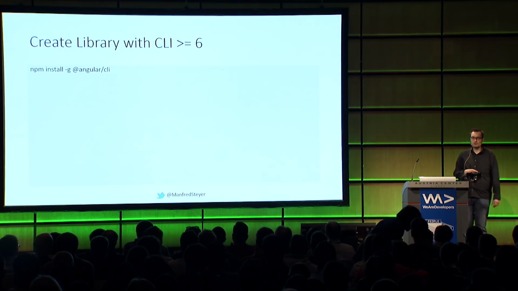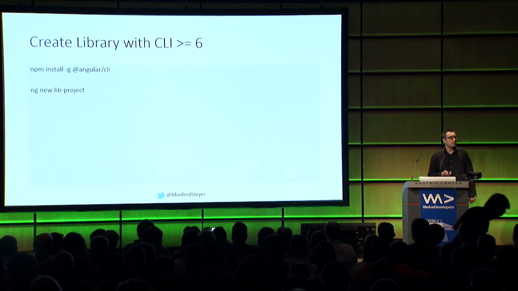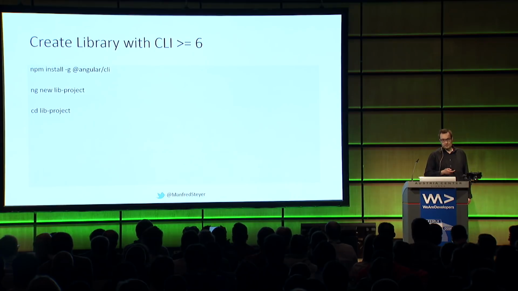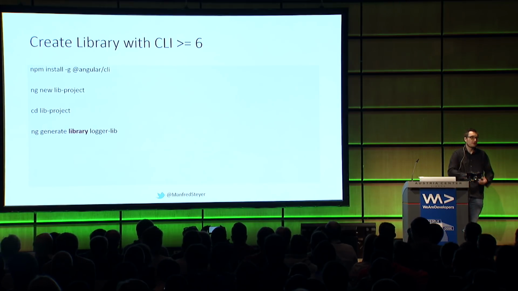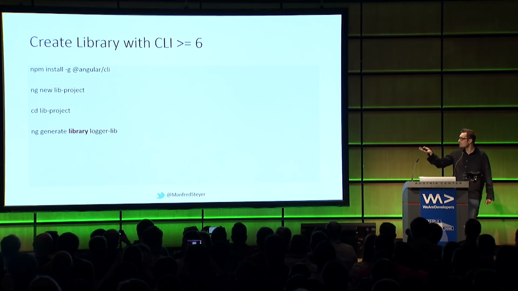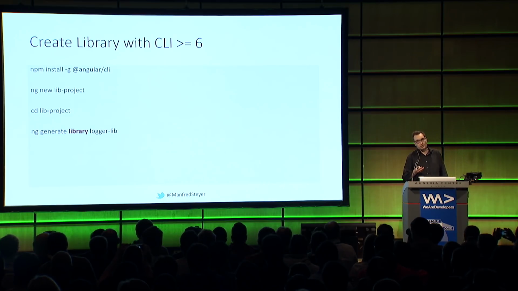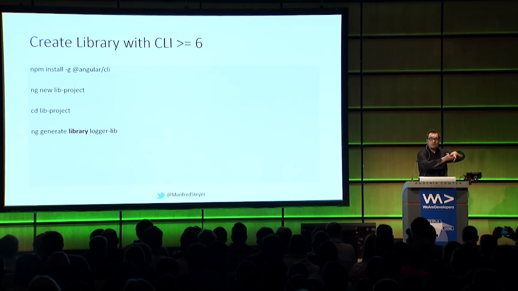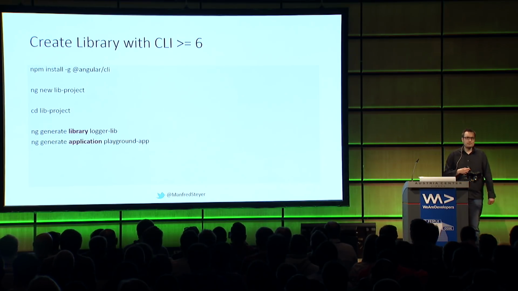It's quite easy to use it. Of course, you need to install the CLI, and then you need to new up a new project. And after this, you can create a sub-project within this project, for instance, by using ng generate library. This is new here. ng generate library creates a sub-project with a library as part of your overall project. And you can do the same with applications.